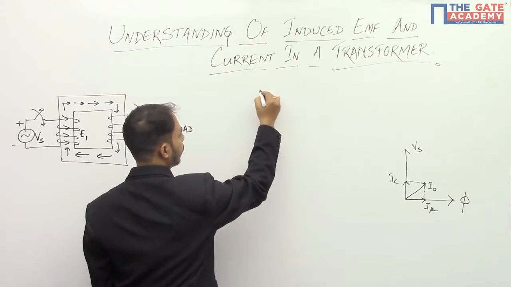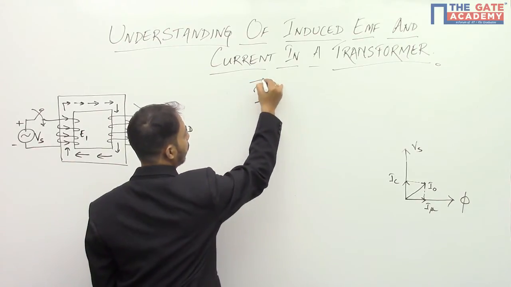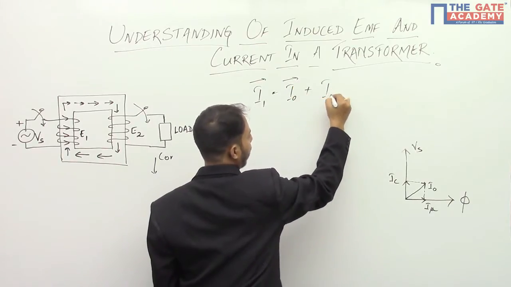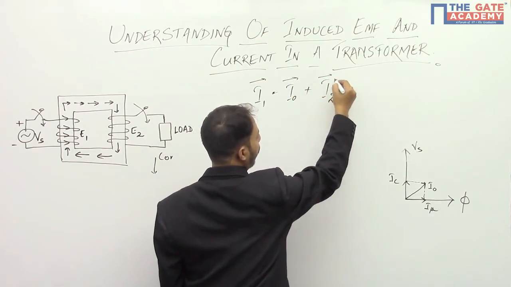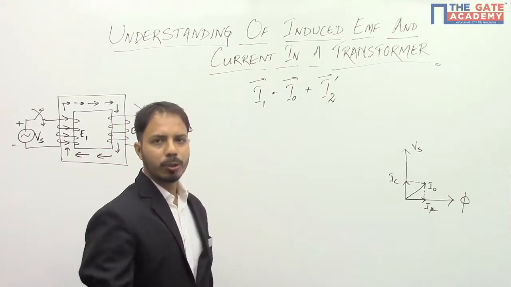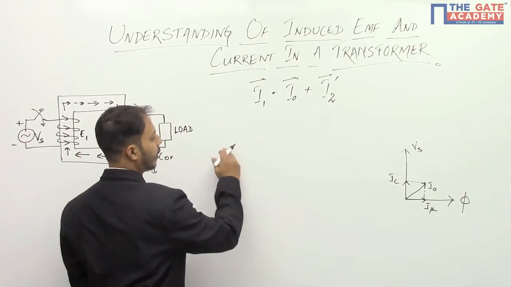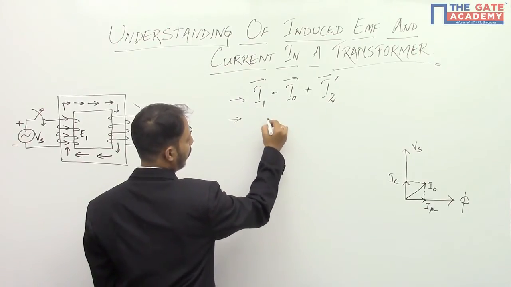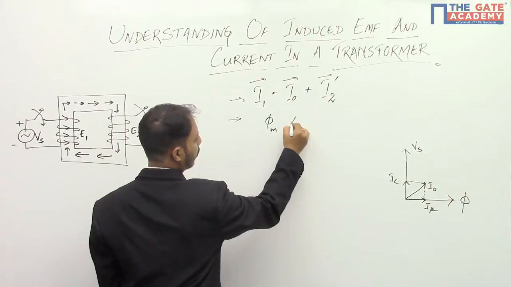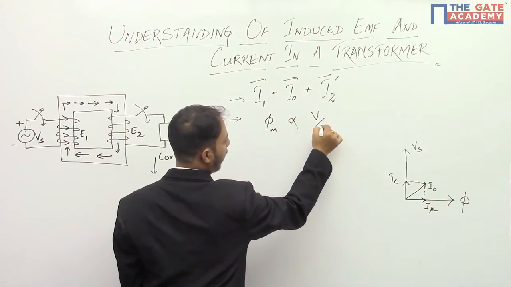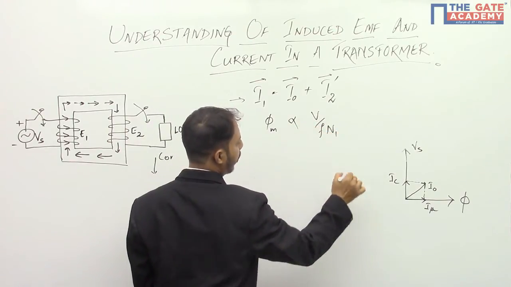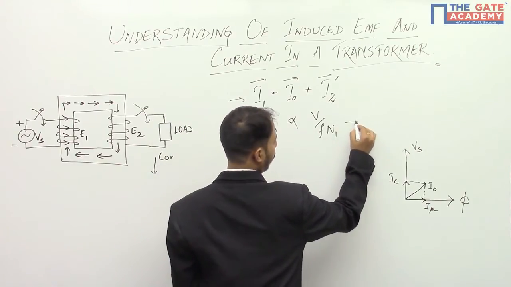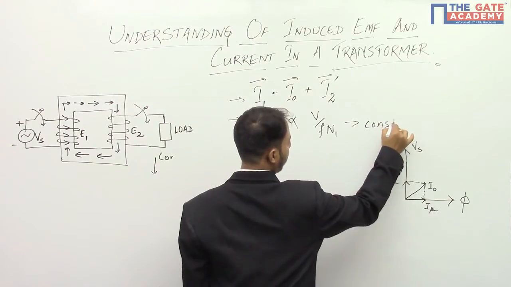First thing is, I1 will be equal to I0, no load component, plus a second component which is increasing due to load current or secondary current. And second thing what we have understood is, flux is proportional to V by F into number of turns N1, and if these three components are constant, so what happens is, this is constant. So flux is constant.